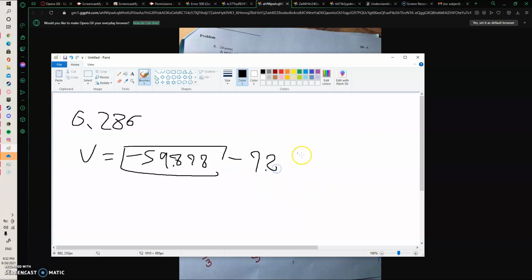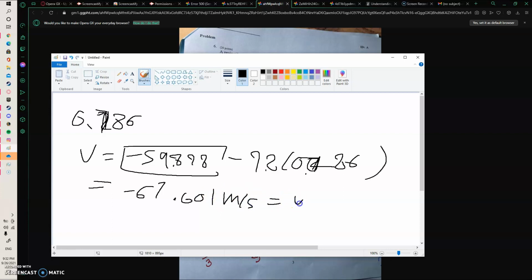Then we're going to do 9.8 times 0.286, and, sorry, this should be 7, and the answer that we get is negative 67.601 meters per second, which is equal to Vy at the final point.